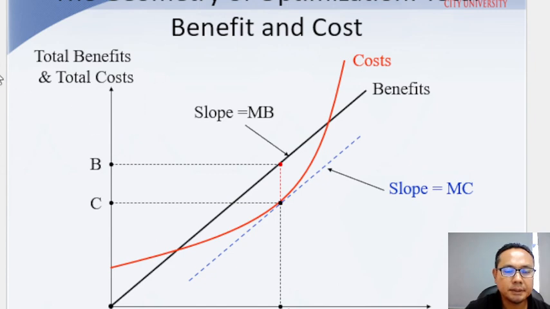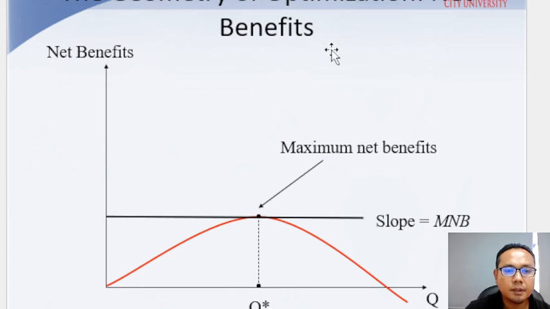So this is an example of the slope. The geometry of optimization: total benefit and cost, the slope for benefits and cost, and then the net benefits, and the slope of marginal net benefit.